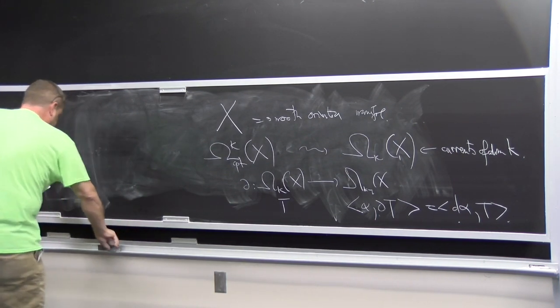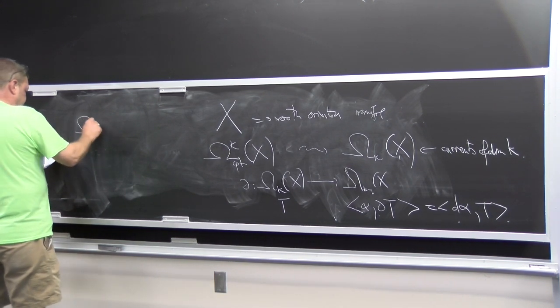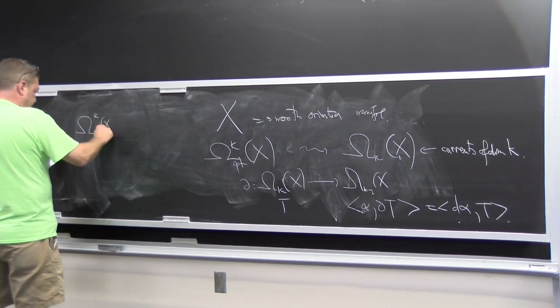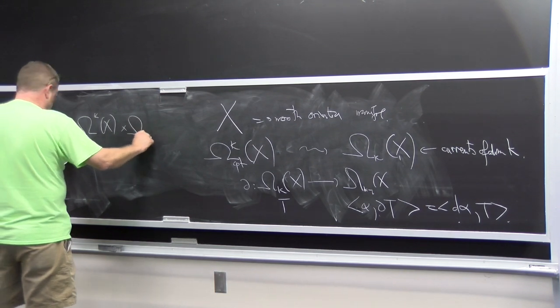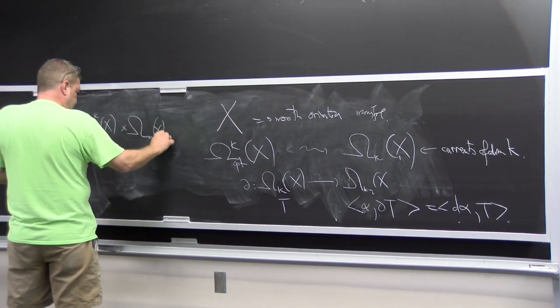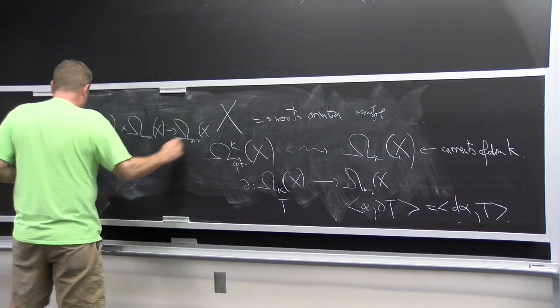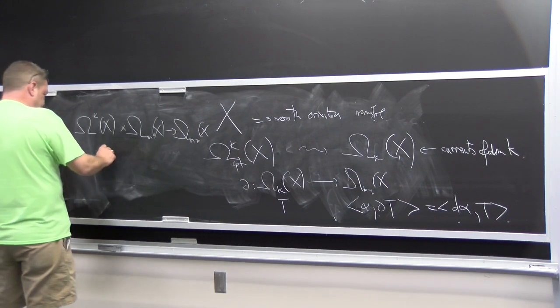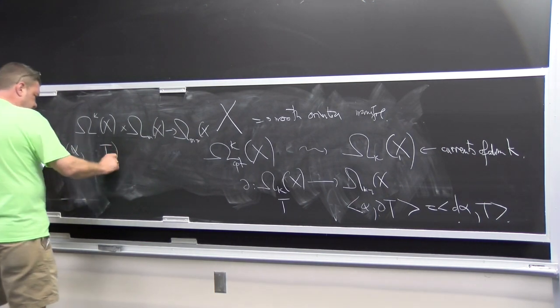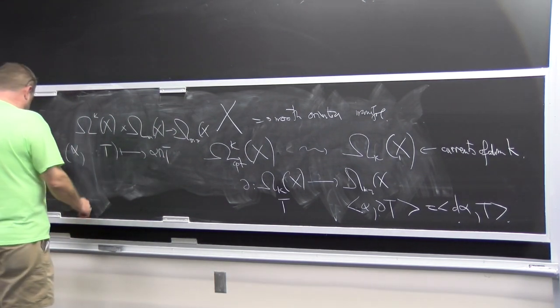Then there's a cap product, and let me set up the convention. There's a cap product for omega k of X cross omega m of X to omega m minus k of X. If you give me a form alpha and a current T, I'll give you alpha cap T. And how is it defined?